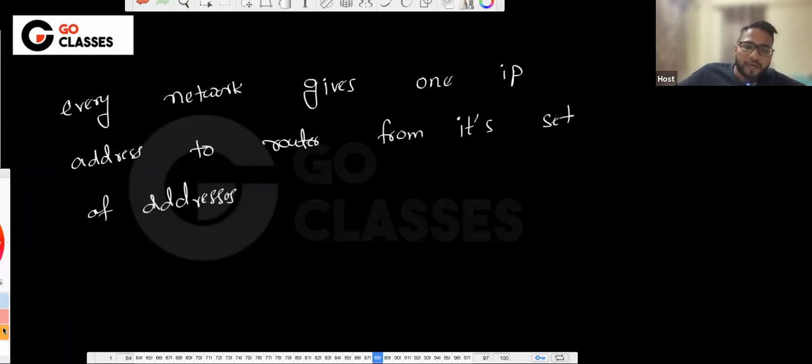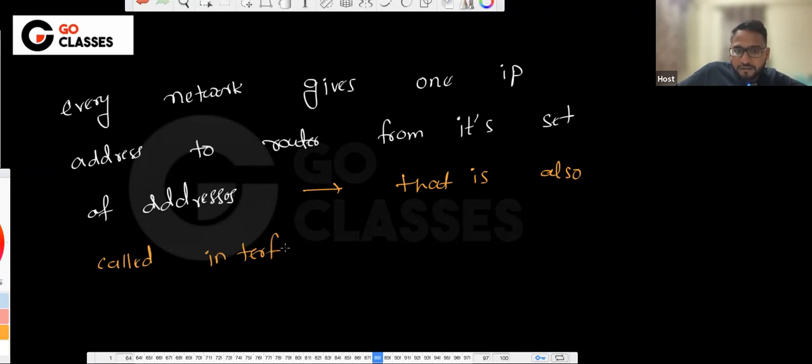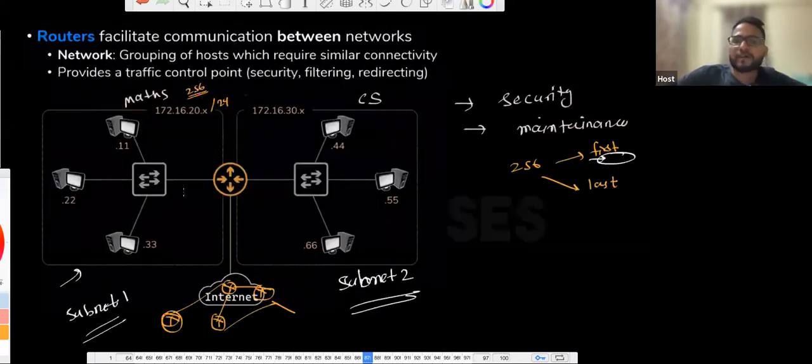And that is also called the interface ID.